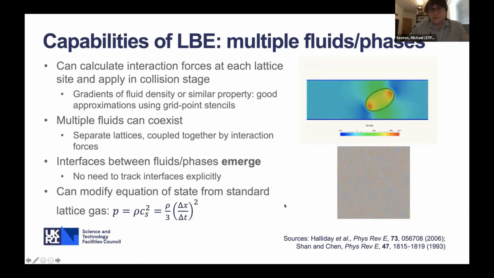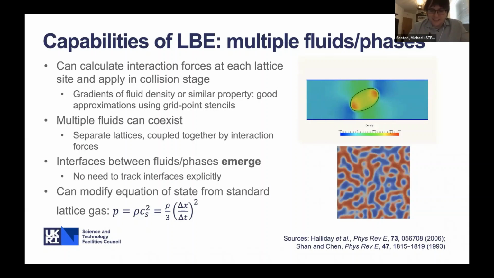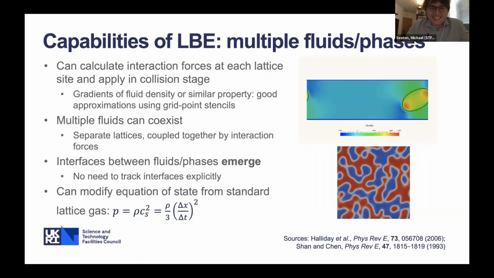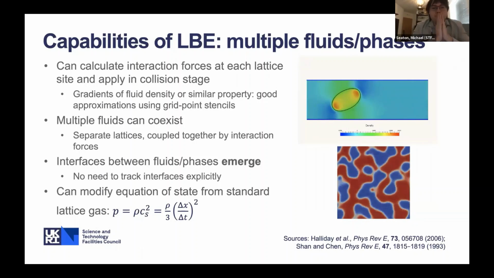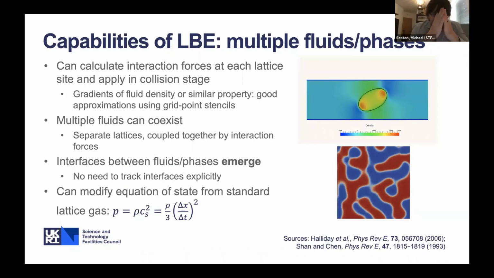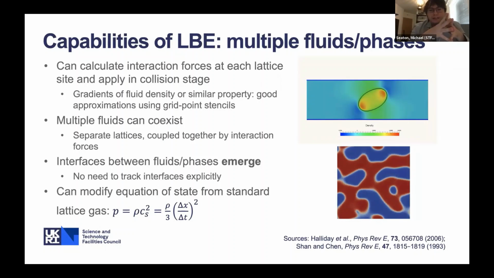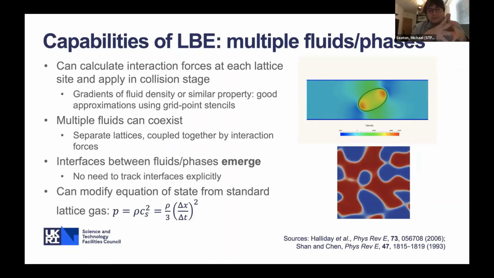My mother has referred to this as a lava lamp, and you'll probably be able to see why. But the point is that not only can we model multiple fluids, but these fluids can also have different equations of state from those for a standard lattice gas, so we can choose the equation of state we want to apply to our fluids.